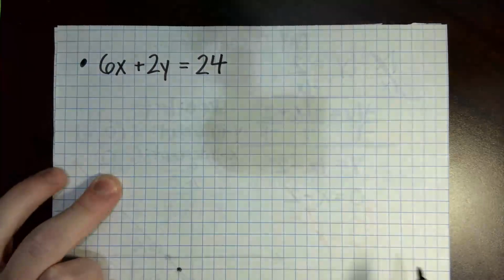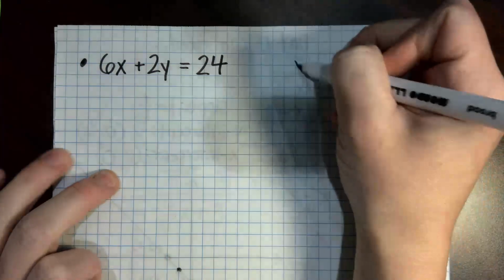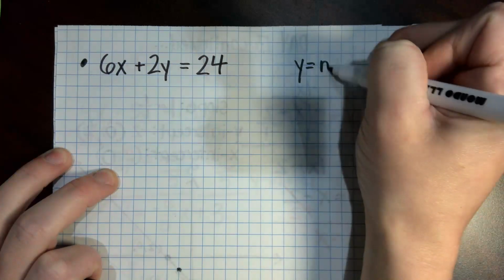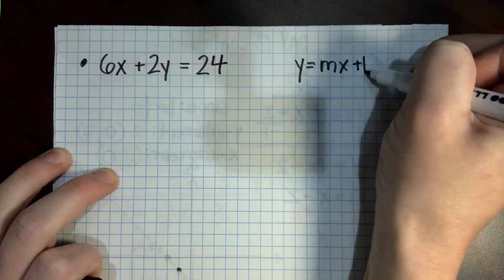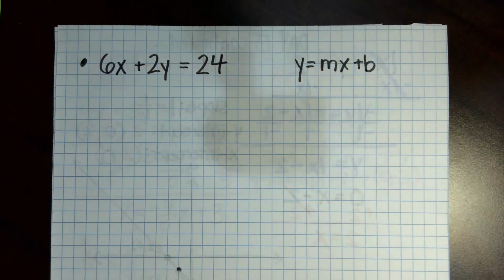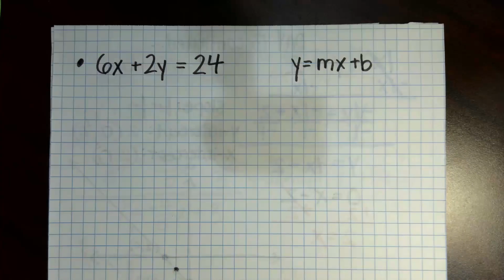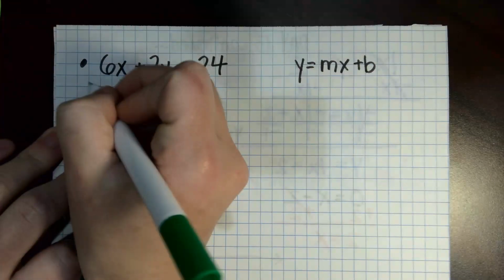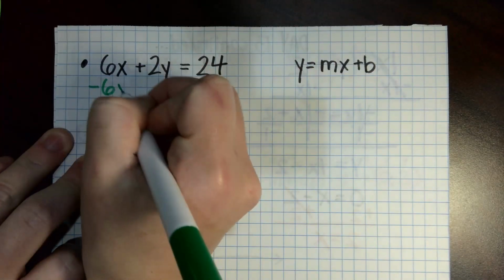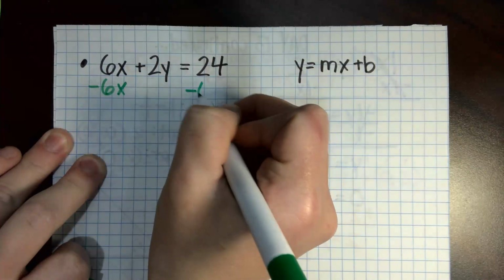What do we need to do to our equation first to get it to our nice looking slope-intercept form? Yeah, we're going to try to get that y by itself. So what would our first step be to getting closer to that? Yeah, let's get the x on the other side. Let's subtract 6x from both sides.